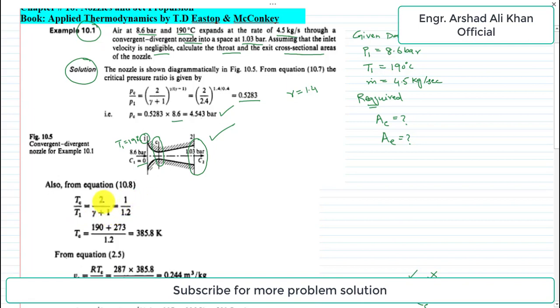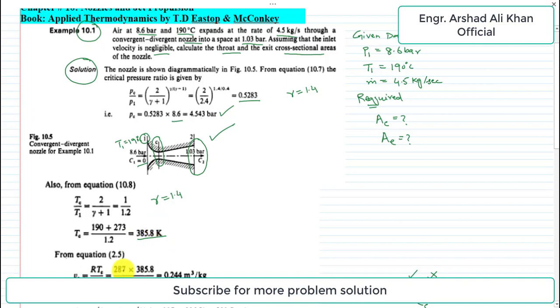So when we put the value for gamma is 1.4 and simplify it, we get 1 over 1.2. Now T1 is 190 degrees centigrade, so we will convert it first into Kelvin. So adding 273 with 190 and simplifying it, we get 385.8 Kelvin.